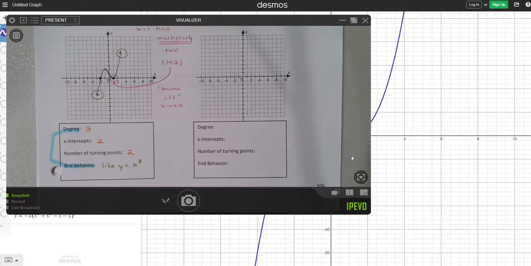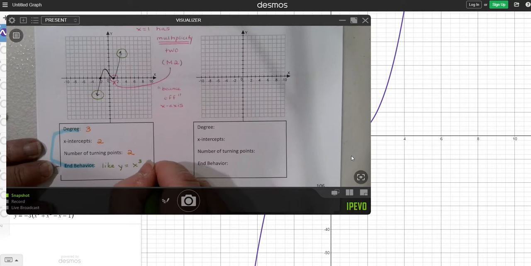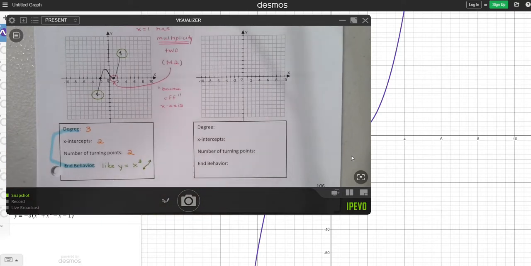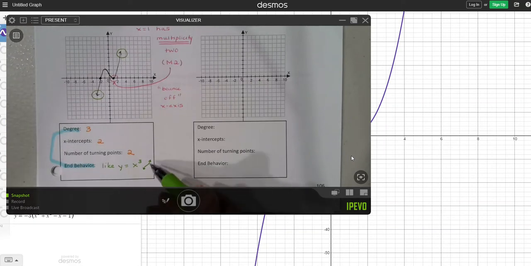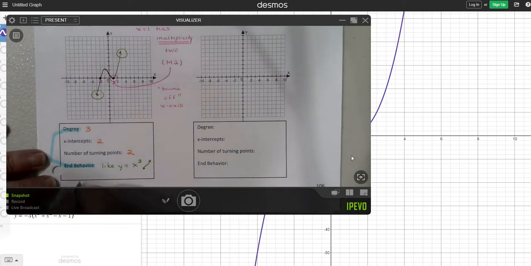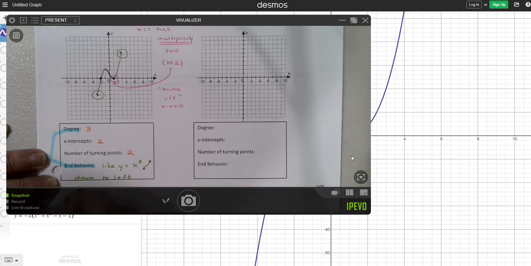And you remember we studied those back in section 2.1. This is that wave. So down on the left, and yes, this one goes down on the left also. Up on the right, up on the right. So my end behavior is as it should be, down to the left, and up to the right.